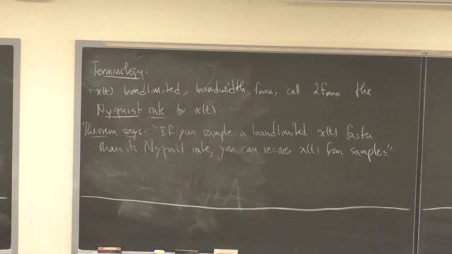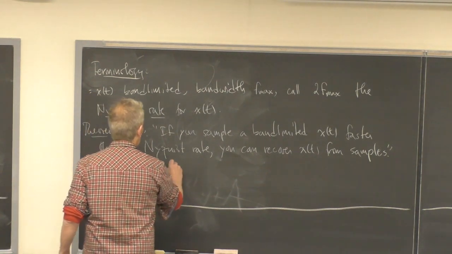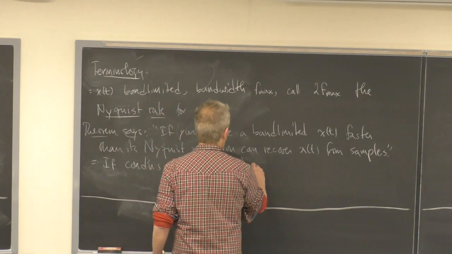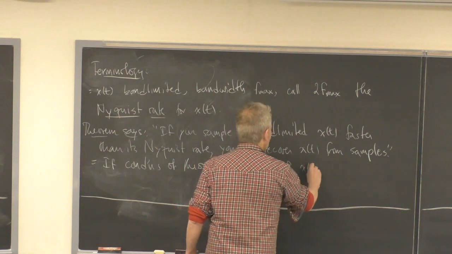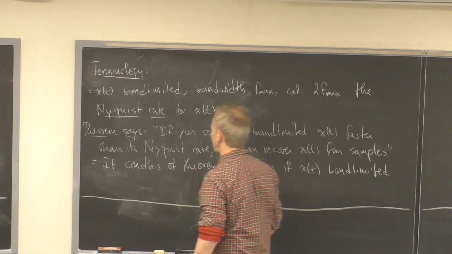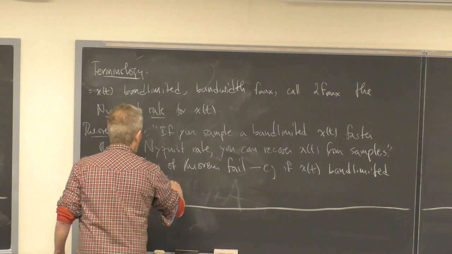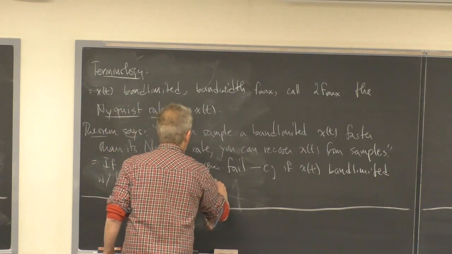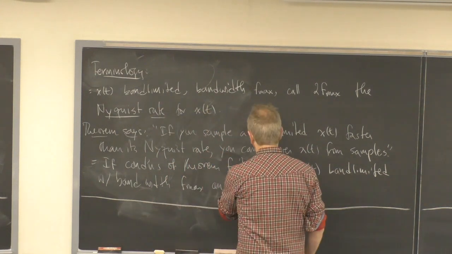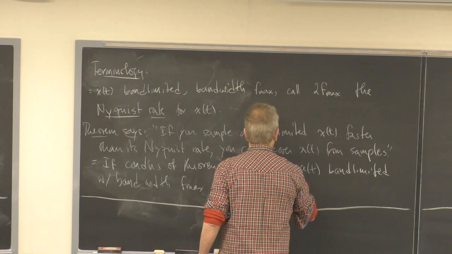If the conditions of the theorem fail, for example, if x of t is band limited with bandwidth f sub max, and your f sub s is not bigger than the Nyquist rate, so f sub s is less than or equal to 2 f max.